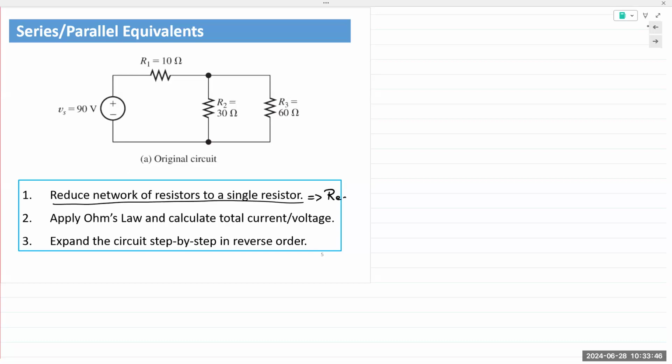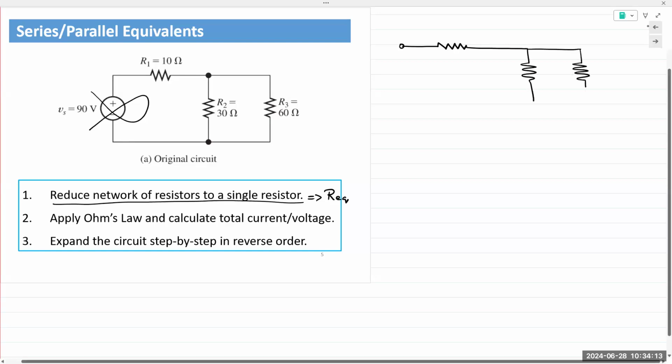The way we do that is by removing the source and analyzing between the open terminals. So we remove the source and we redraw the circuit with simply the resistors in place. No matter which circuit it is, this would be the standard operating procedure.